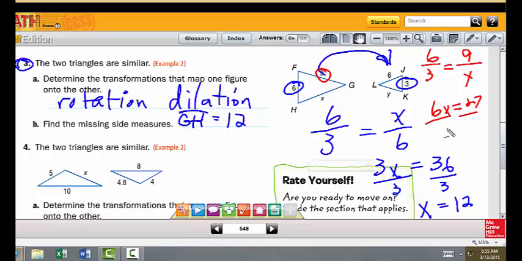So we're going to divide both sides by 6, and we have y equals 27 divided by 6. Y equals 4.5. And y was LK, so the rest of our answer is LK equals 4 1/2, 4.5.